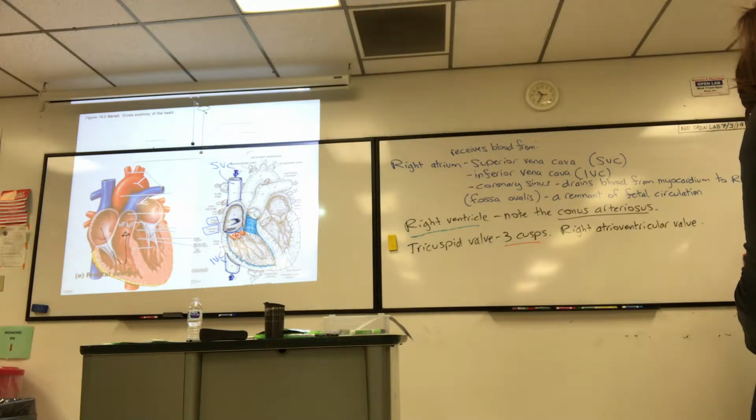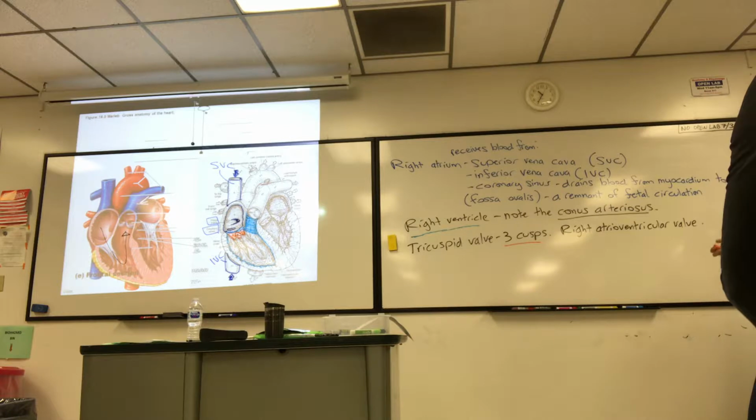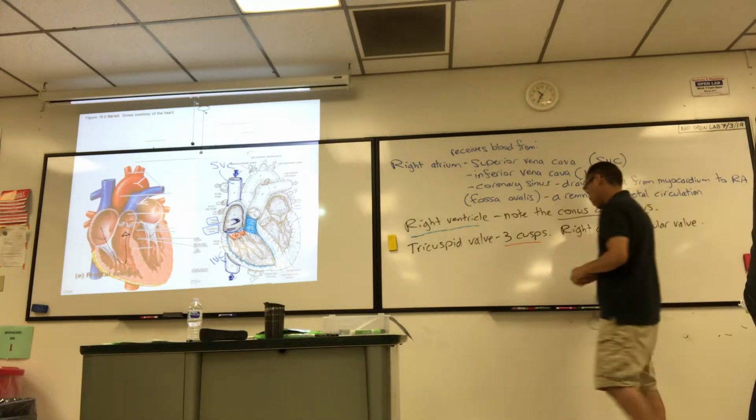You know, it turns out the AV valves are controlled by these tendons and muscles that help keep them closed during systole. Now, the way they're drawn open, this is how they are when the heart fills with blood, when the ventricles fill with blood. These valves must be open. But anyways, there's these little heartstrings.